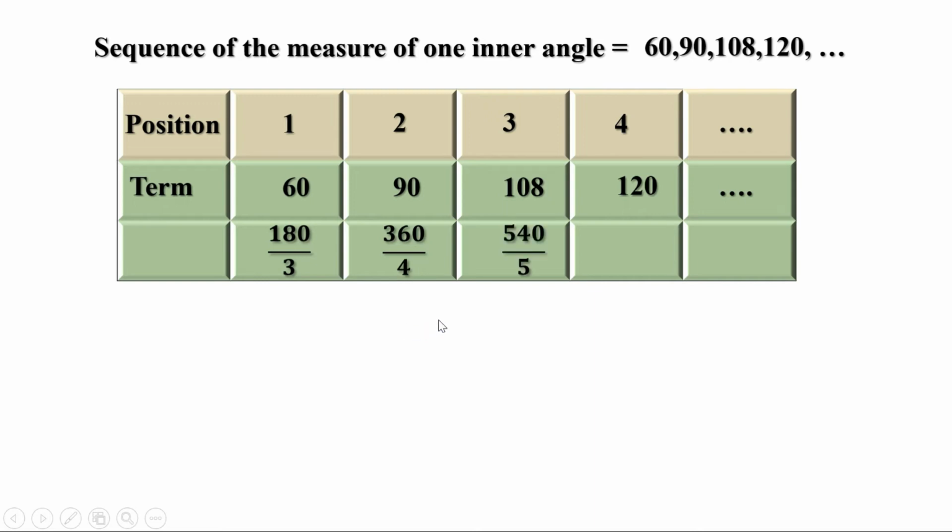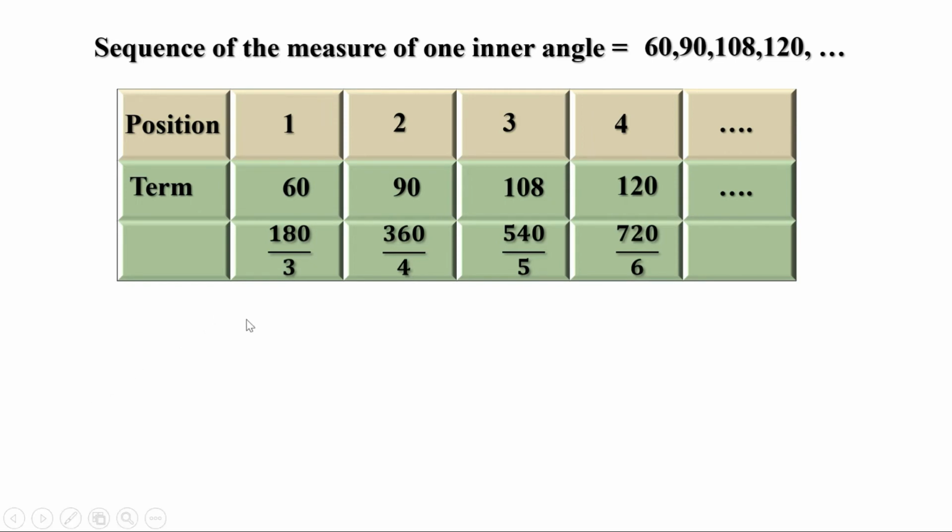And 108 can be written as 540 by 5, where 540 is the sum of the inner angles and 5 is the number of angles. Similarly, 120 can be written as 720 by 6. Now look at the numerators 180, 360, 540, 720, etc. These are sum of the inner angles, and we have seen the algebraic expression of the sum of the inner angles is 180n.